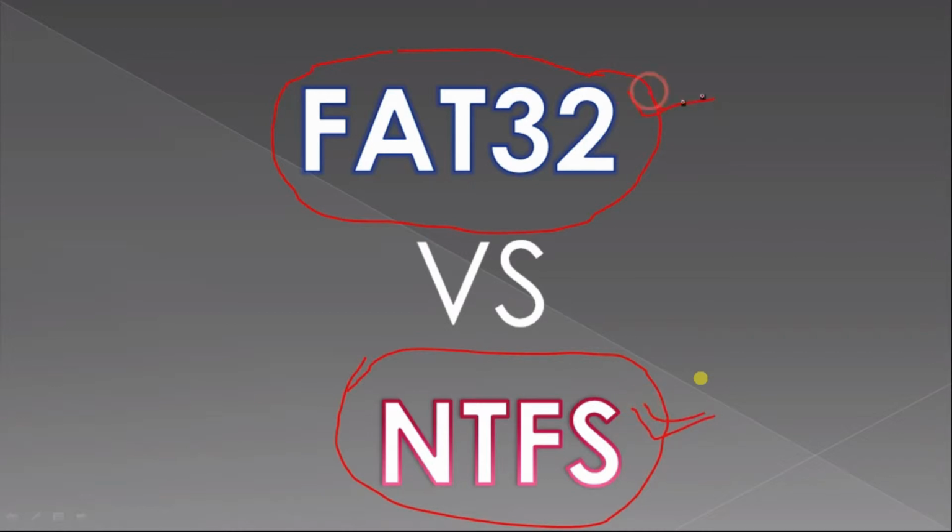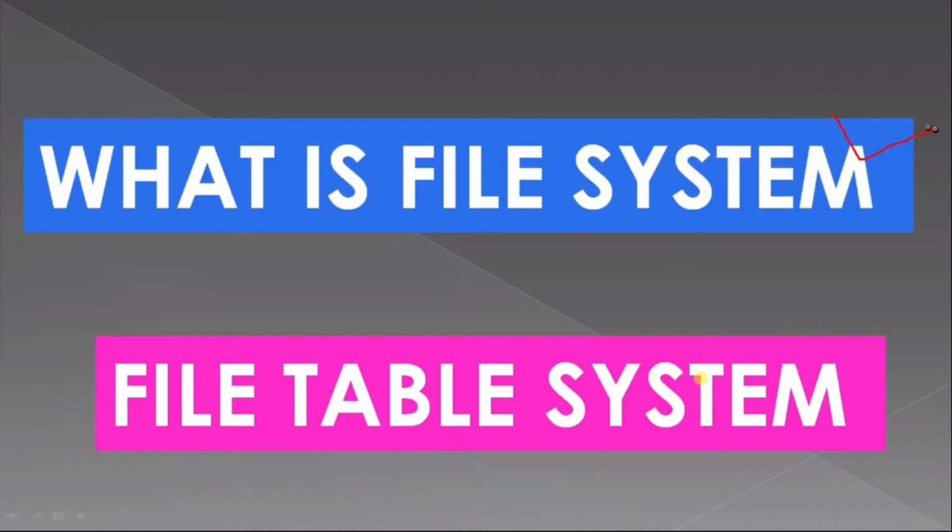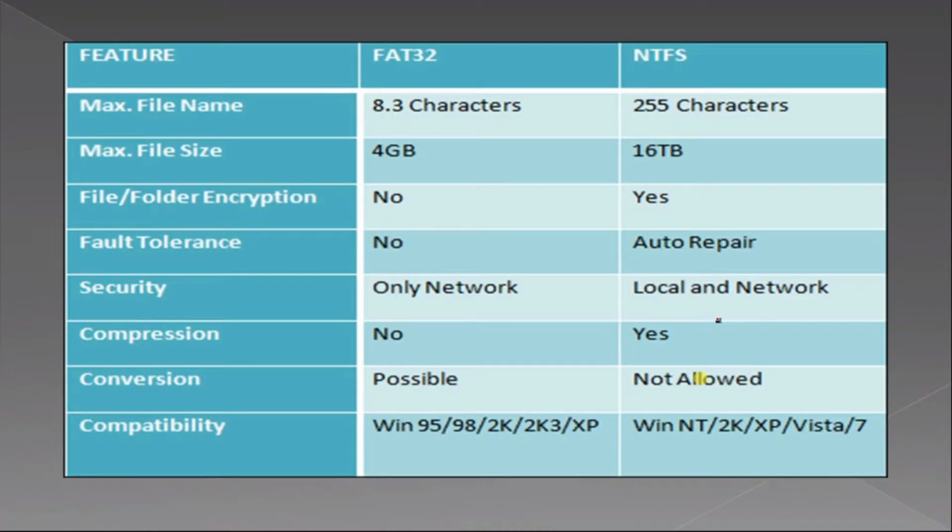The full form of FAT is File Allocation Table, and NTFS is New Technology File System. Without a file system, we cannot install any kind of operating system on our hard disk. So the file system is very important. Basically, two types of file systems are used, FAT32 and NTFS. Now we can compare FAT32 and NTFS.